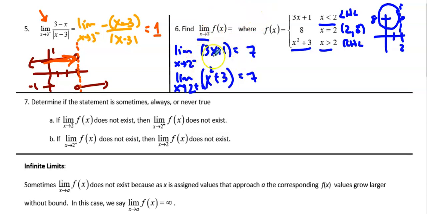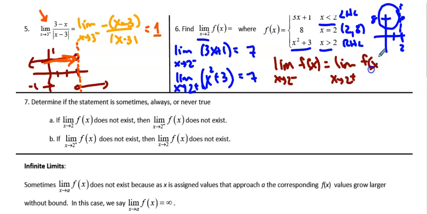Since I know my left-hand limit is equal to 7 and my right-hand limit is equal to 7, I can say, because the left-hand limit is equal to the right-hand limit, that the overall limit exists, and it will also be equal to the value of this right here.